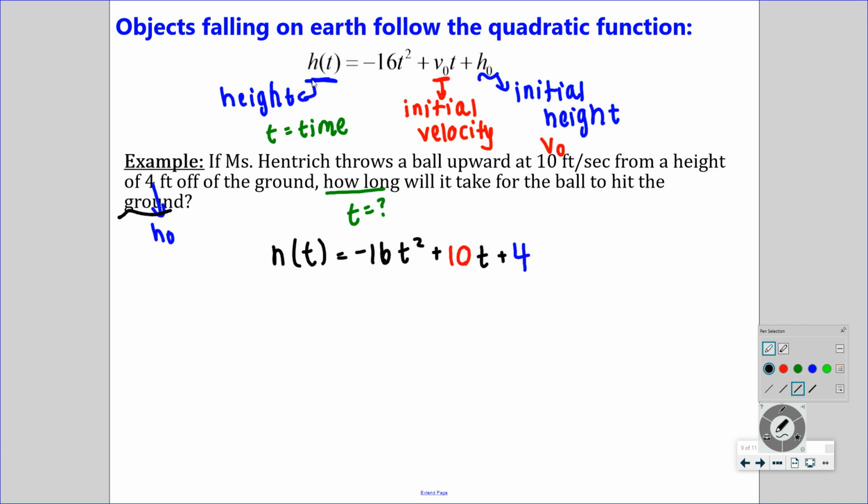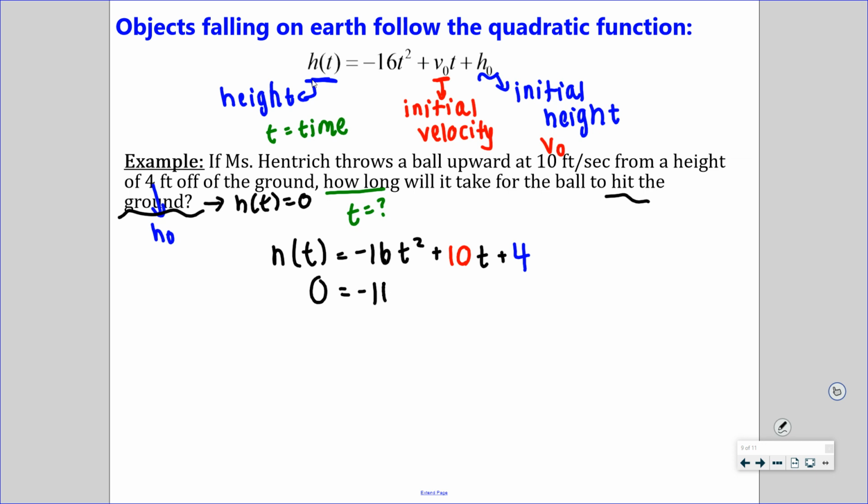So that means if the ball's gonna hit the ground, I'm gonna have a height of what? 0, right? If not just on the ground, what's the height? 0 feet. So I want to figure out when my height, which is h of t, is 0. So we're just gonna plug 0 in right here.